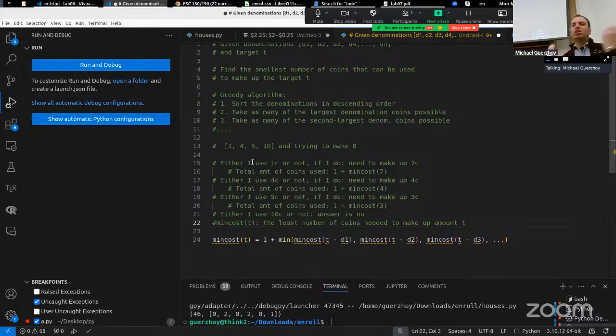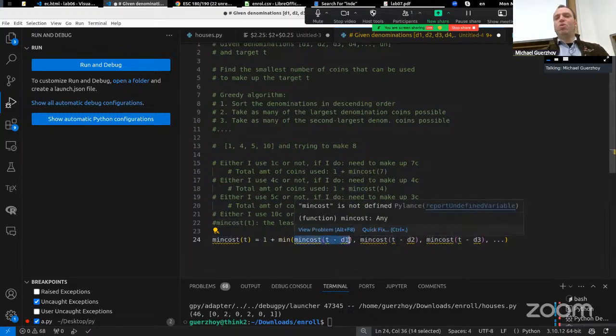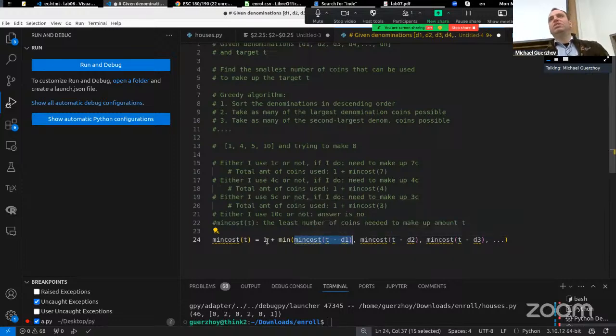Well, we're going to use one of the coins. So we're going to either use 1 or 4 or 5 or 10, if it's possible, at least one of the coins at least once. Right? So this is the 1. And then we're saying, okay, so if I use denomination D1, then I need this many coins in addition to the D1. And if I use denomination D2, then I need this many coins and so on.